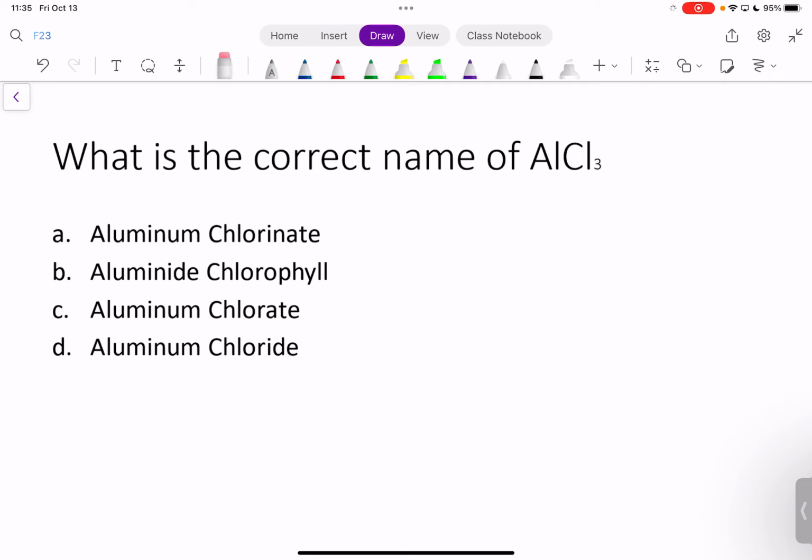Remember, whenever you're naming ionic compounds, it's always cation first, positive ion, plus anion, and then you give that anion the ending -ide, right? So aluminum is going to form a 3+ charge bonding with chlorine, which is going to form a 1 minus, so we get that -ide name.